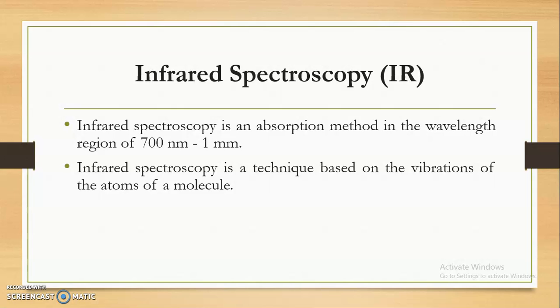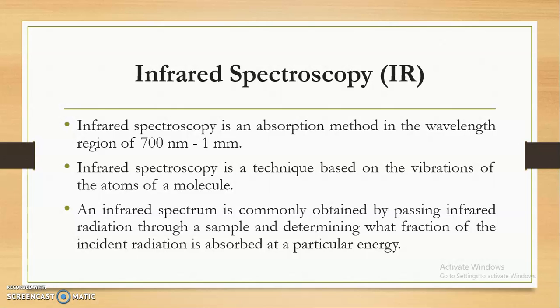There are 3 different types of energy that are possessed by a molecule, that is the vibrational energy, rotational energy and electronic energy. So these infrared radiations will cause changes in the vibrational energy of that particular molecule. So it is based upon the vibration of the atoms that are present in the molecule.